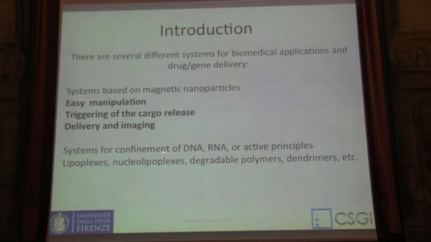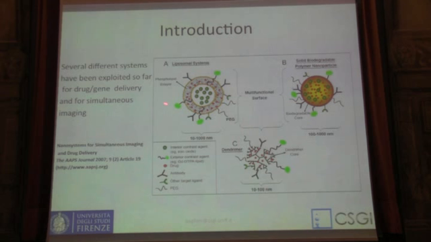The other system I'm going to talk about a little is the confinement of oligonucleotides like DNA, RNA or other active principles. There are several systems being used, like lipoplexes, degradable polymers, dendrimers, but I'm going to talk about a different system we devised, nucleolipoplexes.